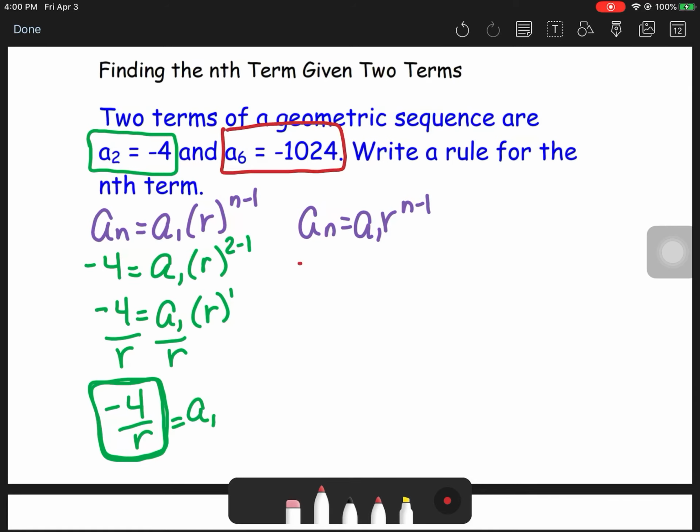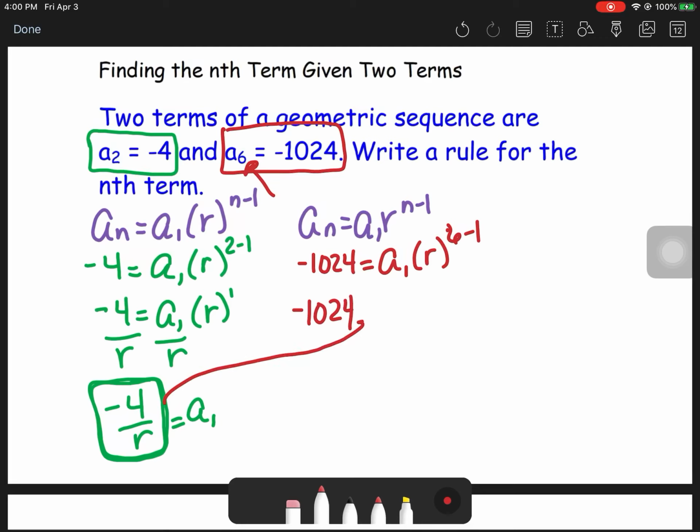Our answer is -1024. I don't know the first term, I don't know the rate, but I know that my n is 6. So this time I'm going to plug in my a sub 1 is -4 over r times r to the 5th power over 1.